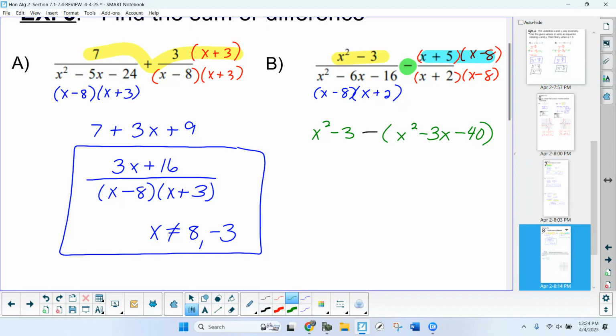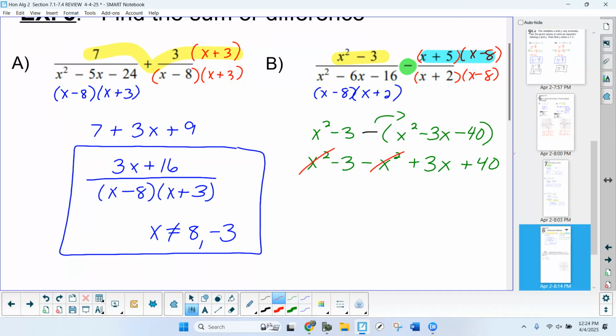Now what do we do? Distribute. So we get x squared minus 3 minus x squared plus 3x plus 40. What happens to the x squareds?